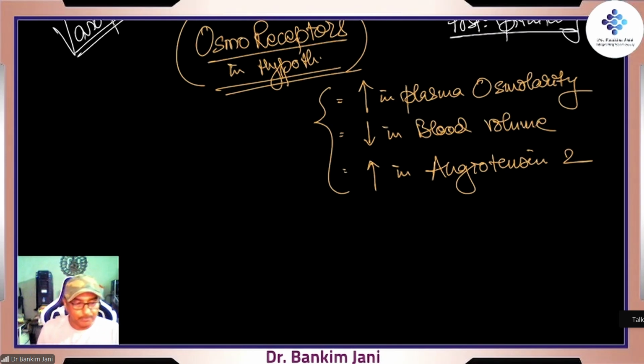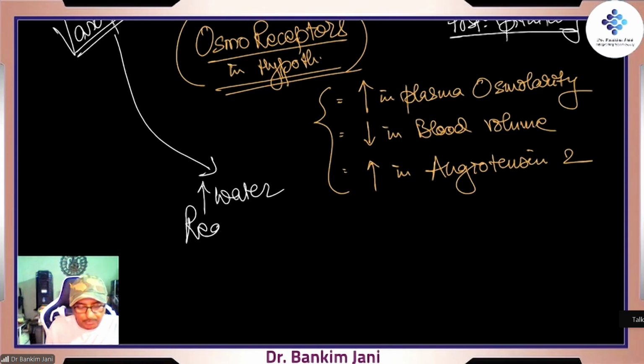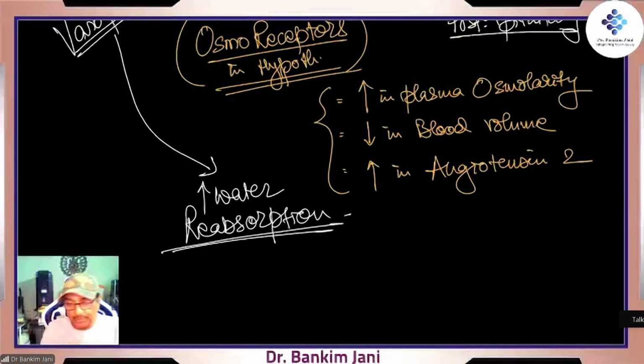Now what will it do? Once it is released, first thing first, its purpose will be to increase water reabsorption. Sodium was already getting reabsorbed by aldosterone, and water was very much interested in following sodium.